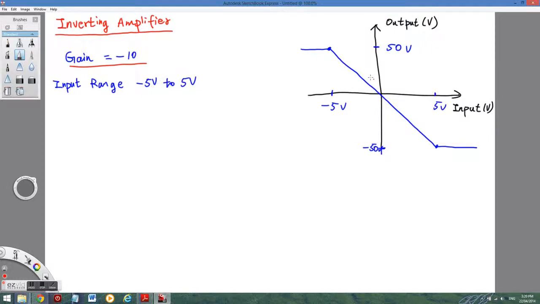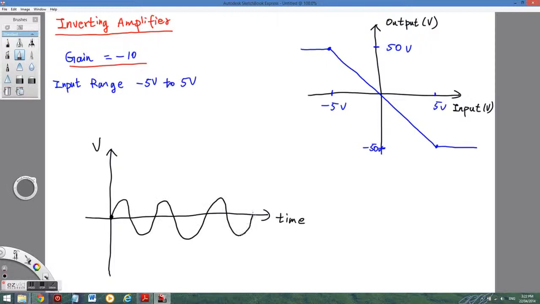But how does this apply? Let me show you an example. Now let me have an input signal. Say I have a standard AC input signal with an amplitude of 2 volts.